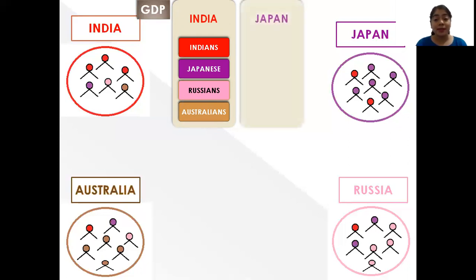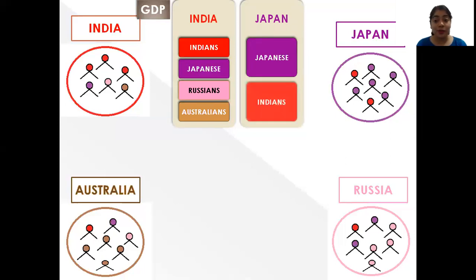The next is Japan, and we talk about the border of Japan. So in this territory of Japan, Japanese are there, they are working, and they are earning income. There is also red color which represents India. So Indians are also there. So the Japanese and Indians are working in Japan's border and earning the income. So their contribution within the boundary of Japan will be known as the GDP of Japan.